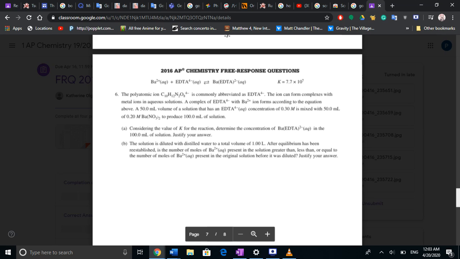So here's what we do. We do know that we have 50 milliliters of a solution for both reactants. So both reactants are 50 milliliters each.